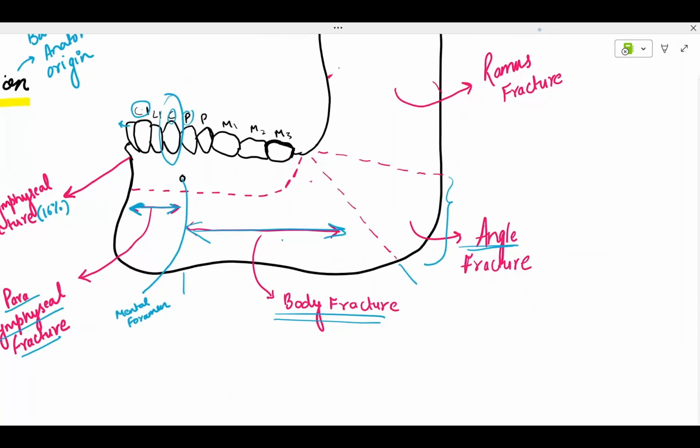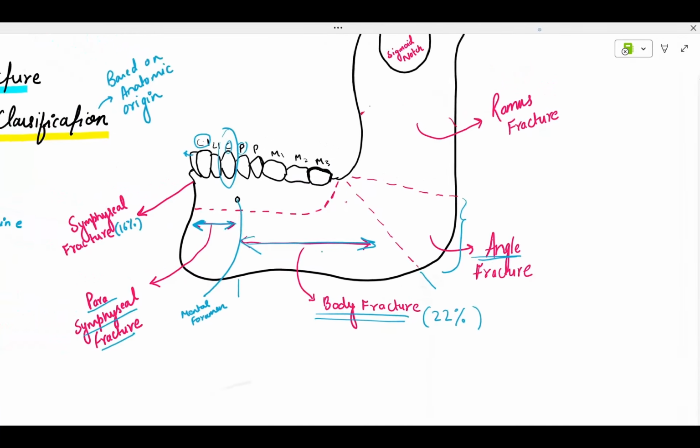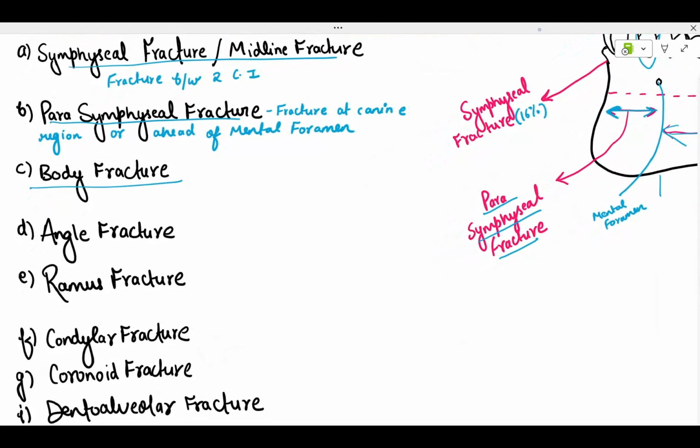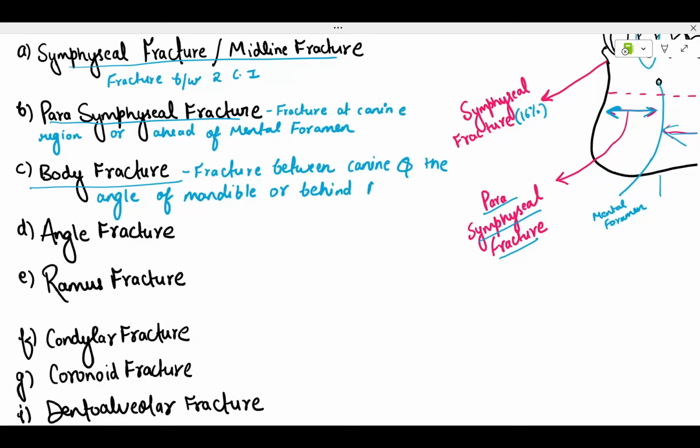The body fracture comprises around 22% of the whole. So what is a body fracture? A body fracture is a fracture between the canine and the angle of the mandible, or we can say behind the mental foramen.